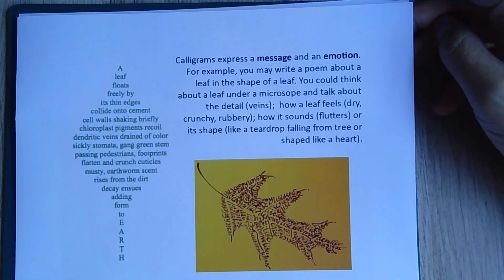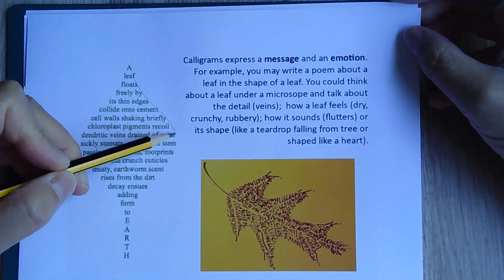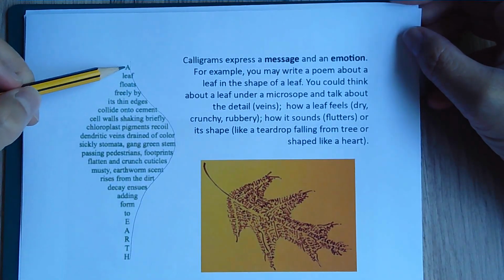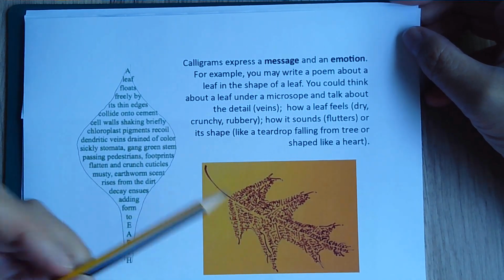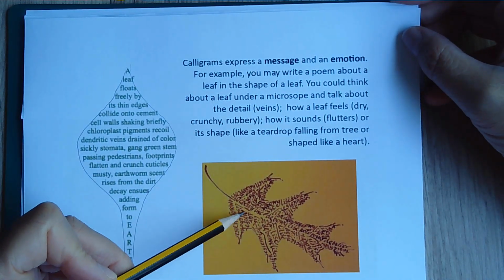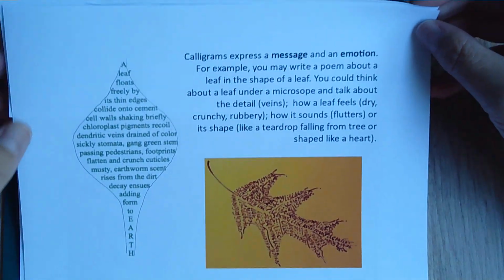Or perhaps you'd like to talk about its shape in the way that it's like a teardrop falling from a tree, or that it's shaped like a heart. In this case, the poem is written in the shape of the actual leaf. In this one, we see that the words take on almost the veins of the leaf. So there are different ways of representing it.